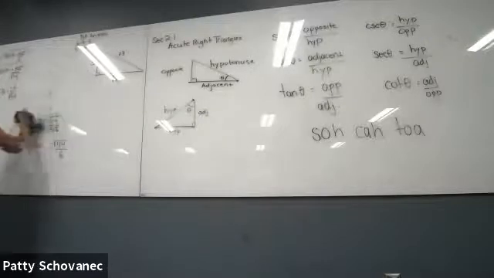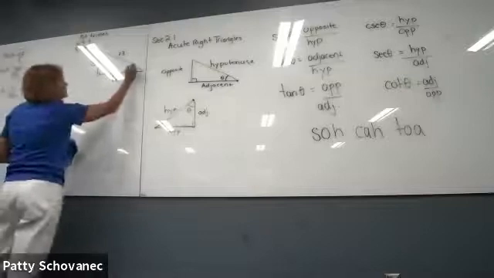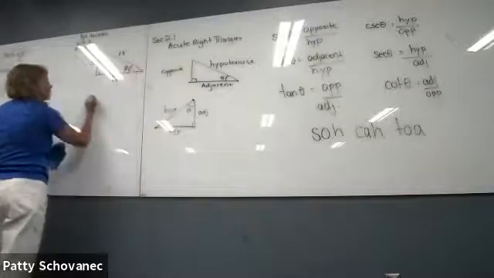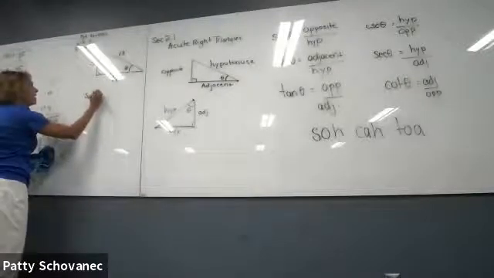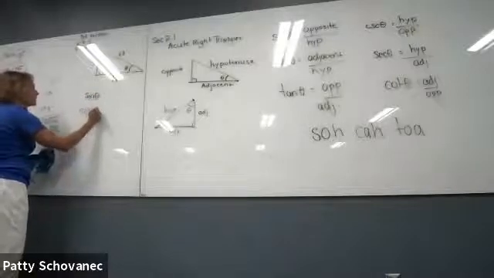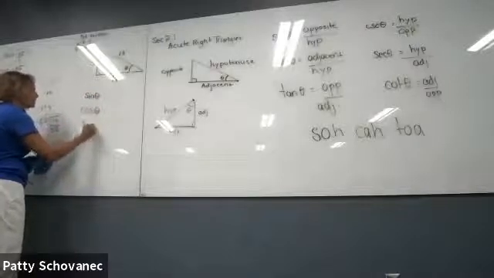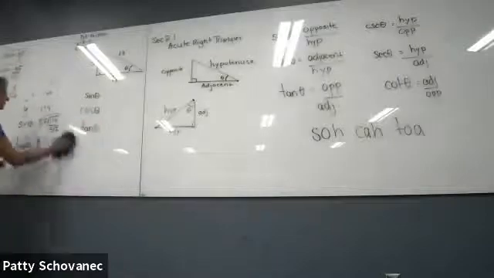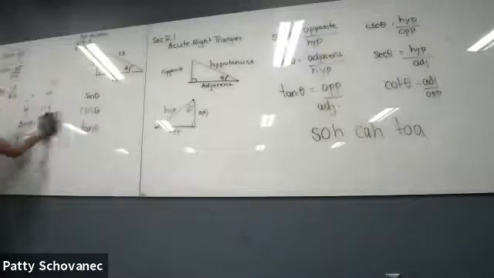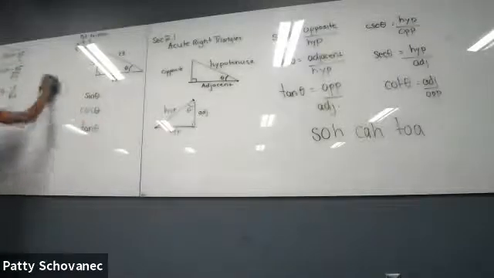Okay, so what I want you to do, let's put angle theta right here, and I want you to find all our trig values: sine theta, cosine theta, tan theta, cosecant theta, secant theta, and cotangent of theta.